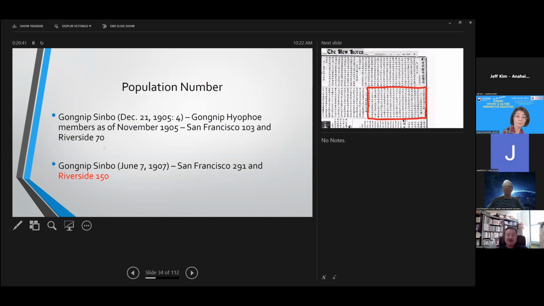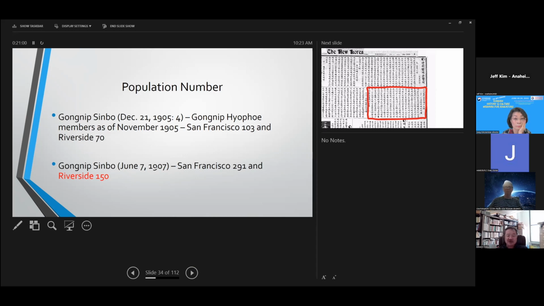But this is kind of a misnomer because it only includes 국립협회 members, which is only men. If you include women and children, the number could be over 100 already as of 1905.